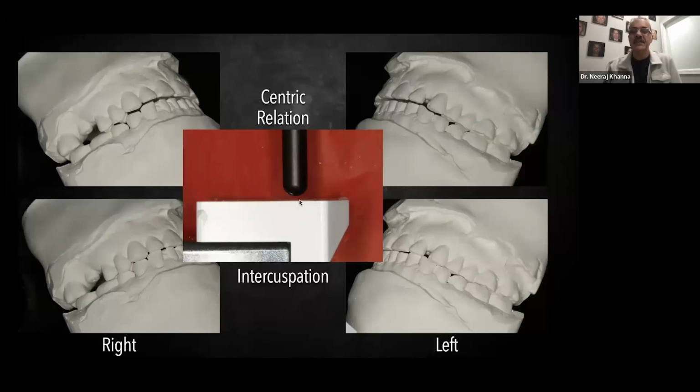And so if you were to take a guess of what that distance might be, you might say 1 to 2 millimeters. For the sake of argument, let's say 2 millimeters. If that is the anterior difference in centric relation, because that pin is in the anterior segment of the articulator, then that means I only have to equilibrate or adjust his occlusion by 1/3 of 2 millimeters to get the rest of the teeth to touch.